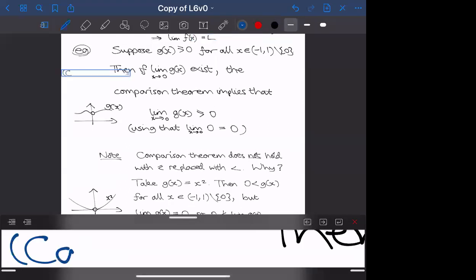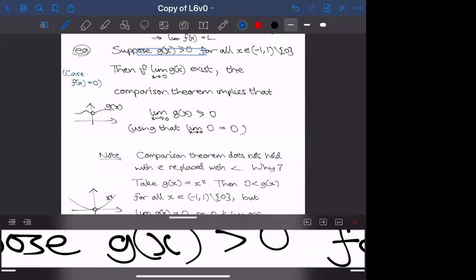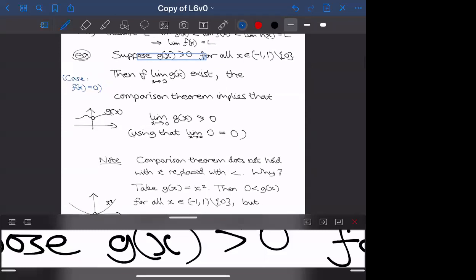So this is the case when f(x) is always 0. So then the inequality reads that g(x) is greater than or equal to 0 for all x in the domain.